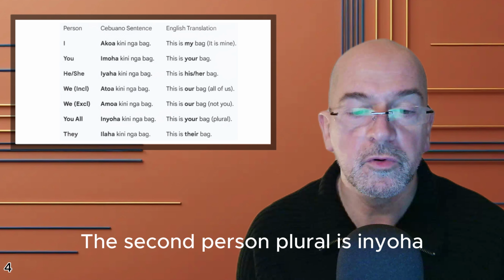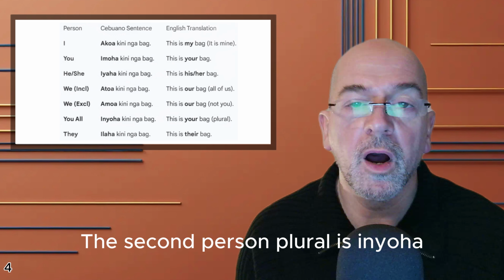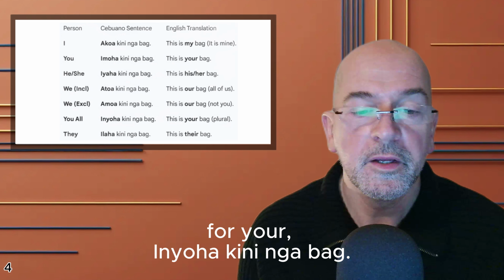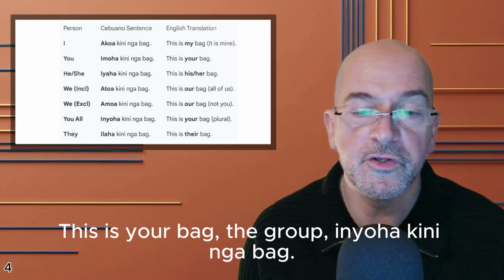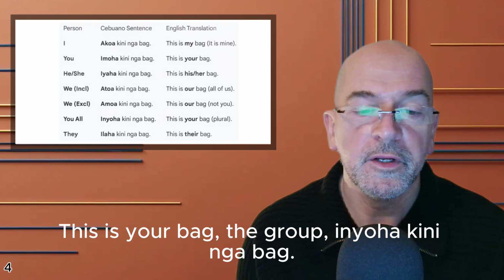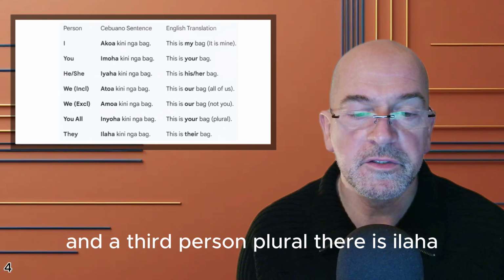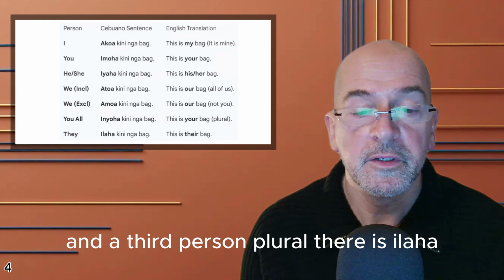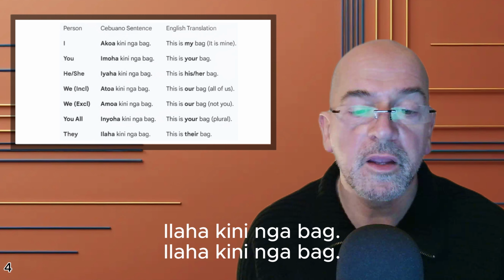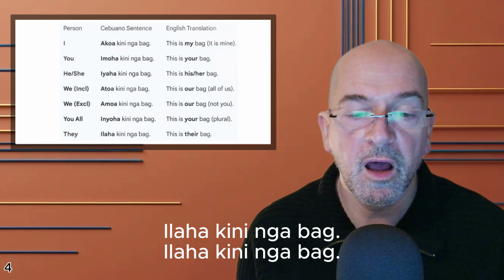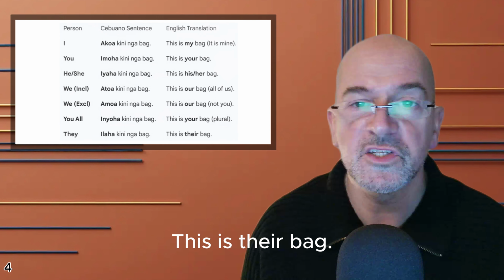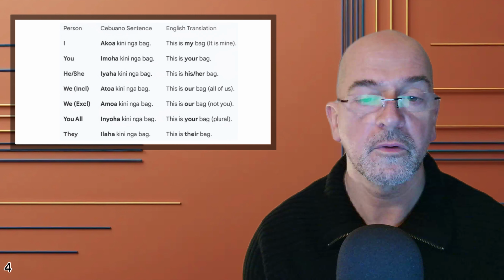The second person plural is inyoha, for your. Inyoha kini nga bag. This is your bag, the group. And the third person plural there is ilaha. Ilaha kini nga bag. This is their bag. Okay.